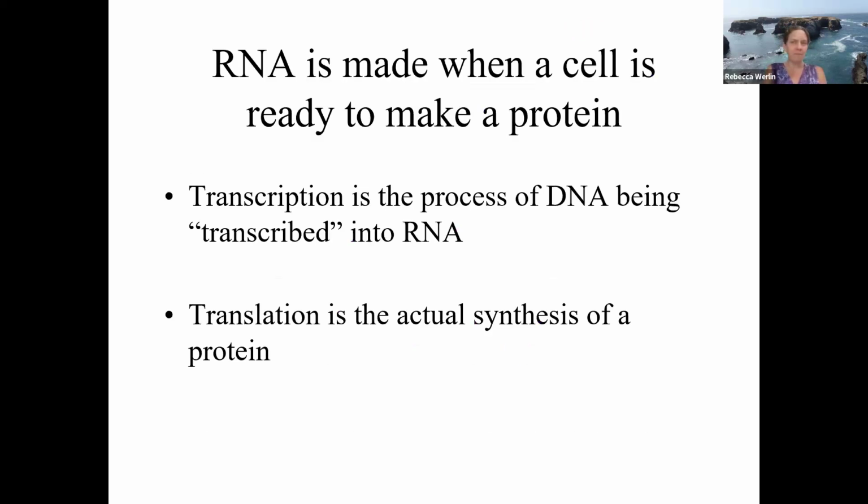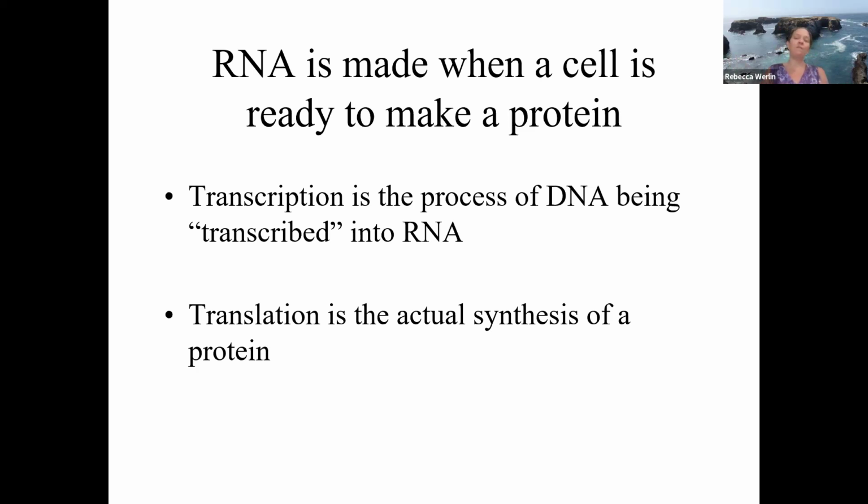RNA is only made when that cell is ready to make a protein. So if a cell has 30,000 genes, every single cell doesn't need all 30,000 genes all at once. It might need a gene for, let's say, iron consumption for 10 minutes, but then it doesn't need that gene anymore, so it can turn off that gene.